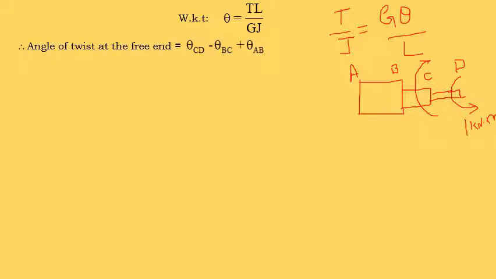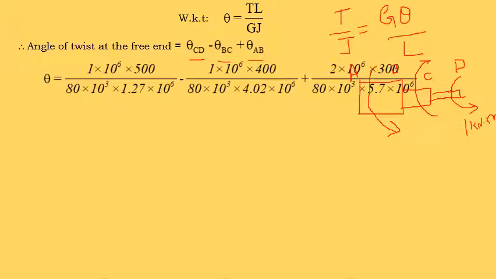Then for the portion AB, in the same direction, torque is induced. Therefore, for theta CD, the reference torque becomes positive. Here, in the opposite direction, it is negative. Whereas for the portion AB, the torque is in the same direction, therefore positive. That angle of twist becomes positive for the portion AB.